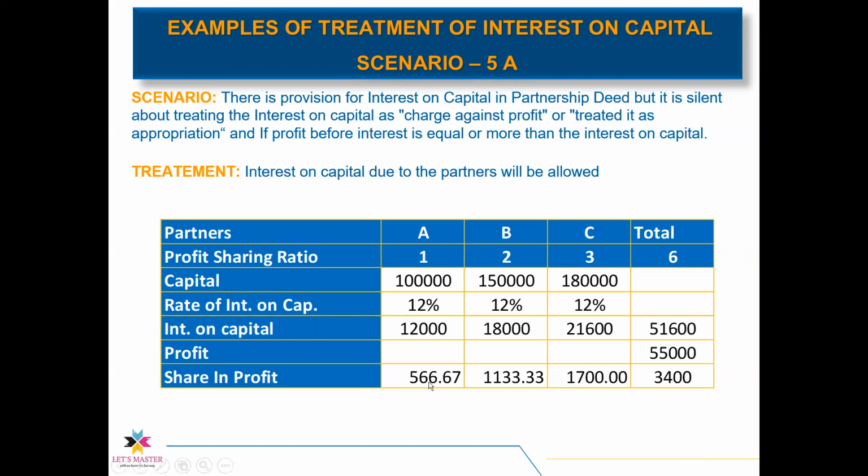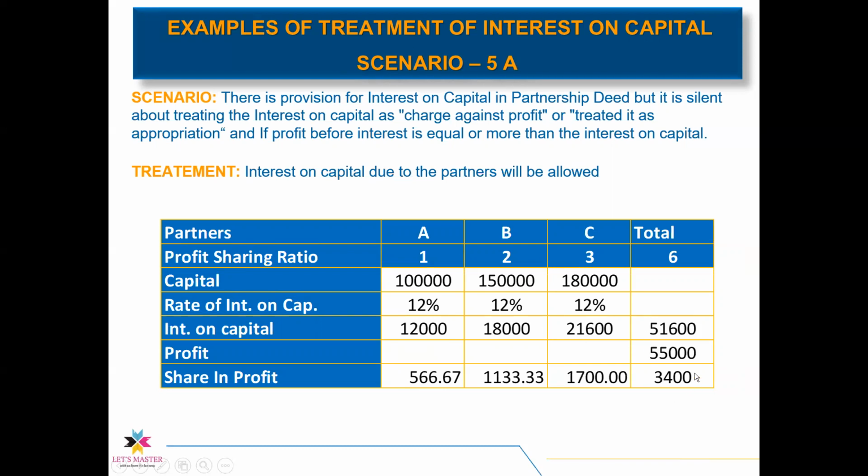So whatever interest on capital is due, that is 12,000, 18,000 and 21,600, that would be provided.